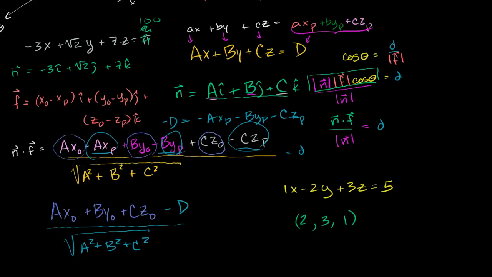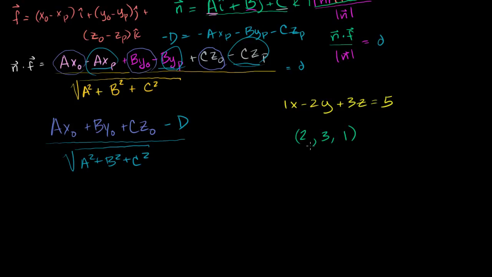We can find the distance between this point and the plane using the formula we just derived. We literally just evaluate it. So this will just be 1 times 2 minus 2 times something plus 3 times something minus 5.